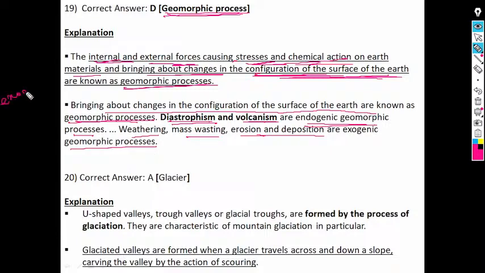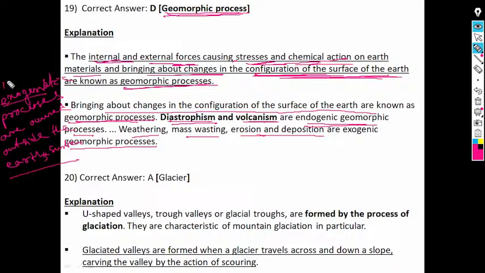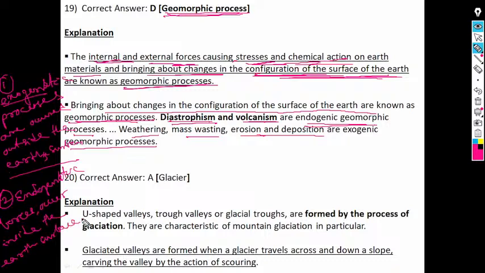Exogenetic processes occur outside the earth surface, whereas endogenetic processes occur inside the earth surface.